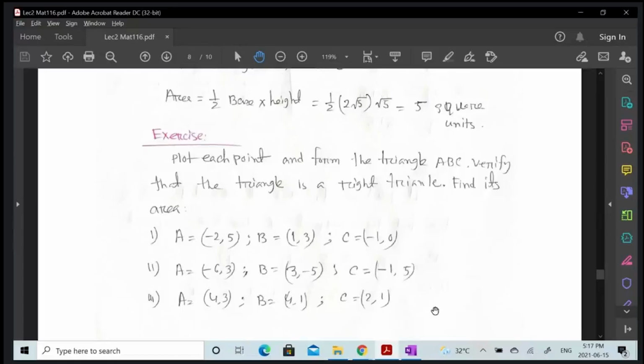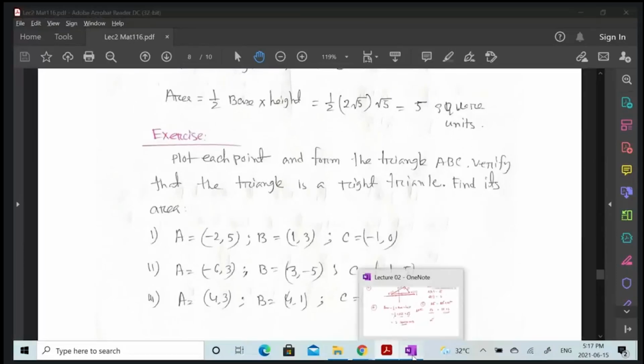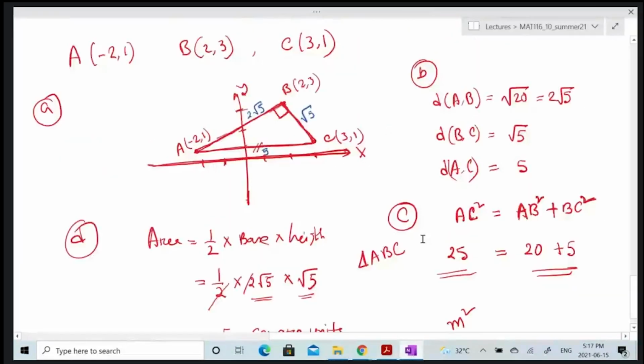Well, it's up to you. You kind of get an idea. Root 5 is of course less than 5, and even if you multiply root 5 by 2, that's not going to be equal to 5. So you can guess which is going to be the largest. Okay, so it's just a guess.